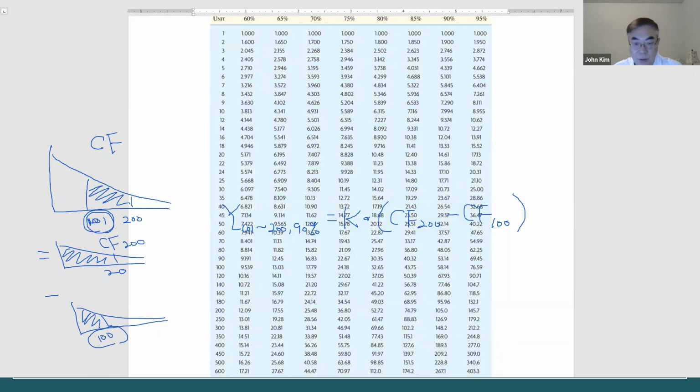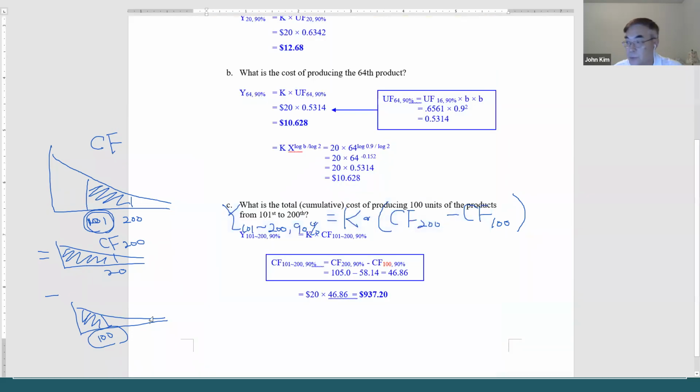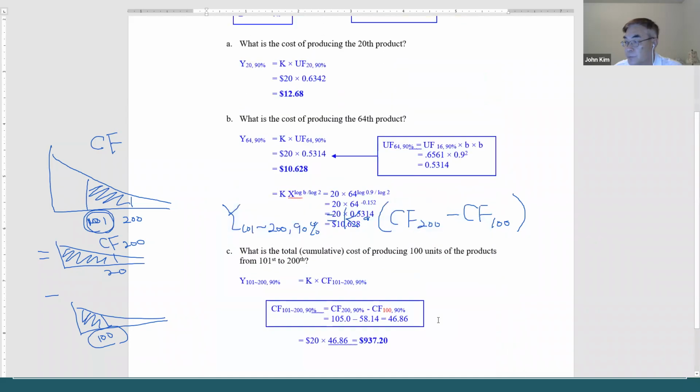So I will bring up the answer. Total cost from 101 to 200 at 90% is K times the cumulative factor 101 to 200, that is cumulative factor 200 minus cumulative factor 100, not 101, 100.